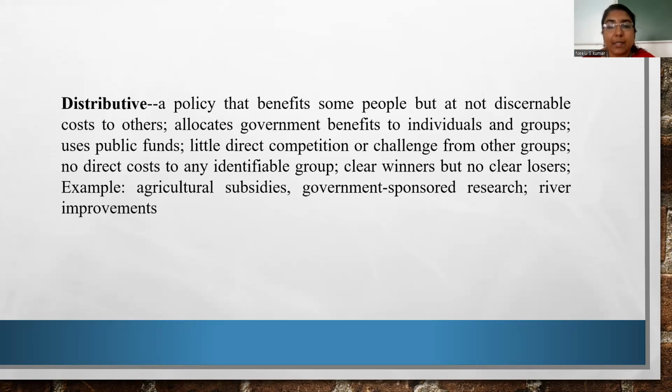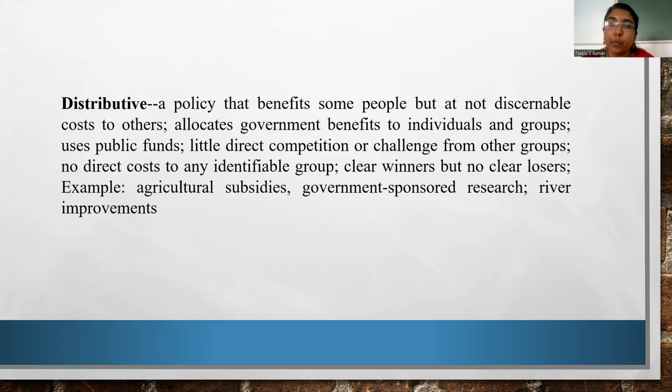Examples are agriculture subsidies, government-sponsored research, river improvements, etc. These are also public policies for the welfare of the society. But unlike the substantive public policy, it is restricted to a group or an individual. For example, if it is an agriculture subsidy, only farmers will get benefit out of it, not the business sector or any other sector.